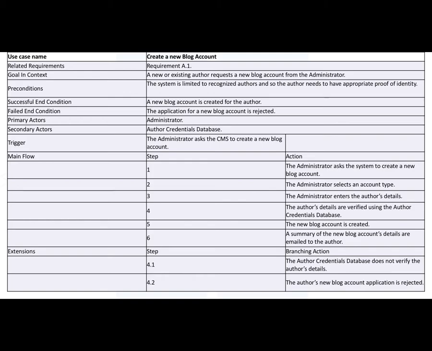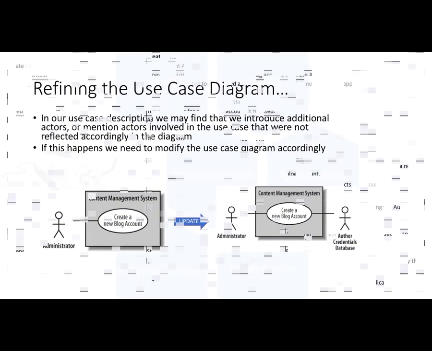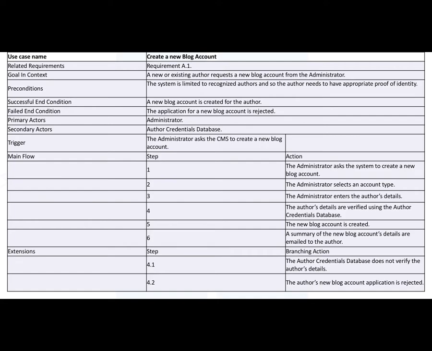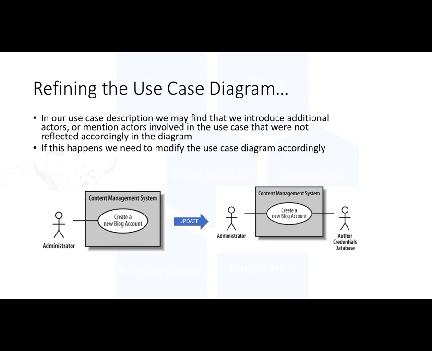You can put additional notes, for example on the branching action here, to explain what would cause it to happen. So this is just so that you have an idea of how you use the different fields. And as I said, you don't have to use every single field, and you can modify the fields. You can look at other templates and see what you like and so on.